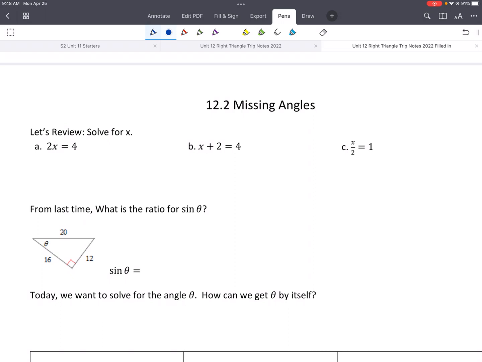So sine of theta is opposite over hypotenuse, and then cosine of theta is adjacent over hypotenuse, and then tangent of theta is opposite over adjacent, okay? So today we're going to use that again, but we're going to actually solve for a missing angle. If we have the sides, we're going to figure out how to find those missing angles.